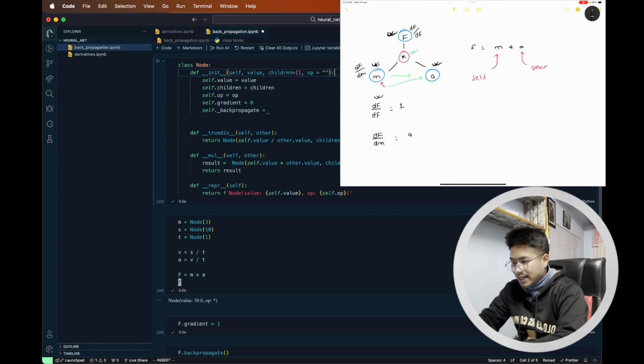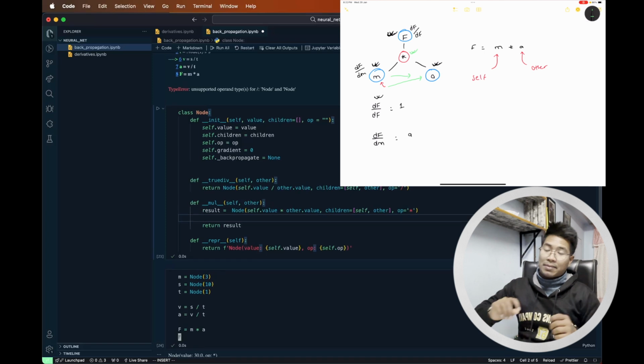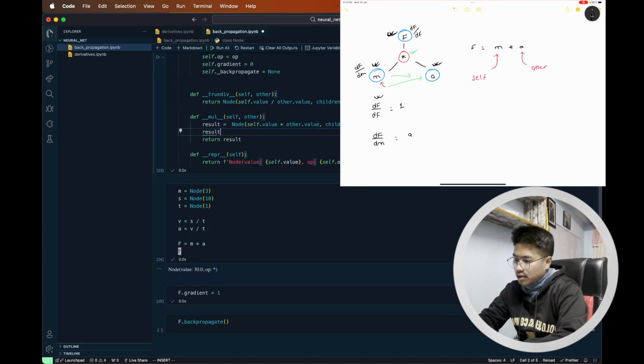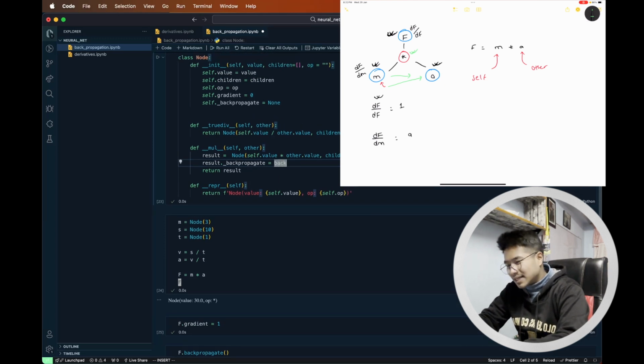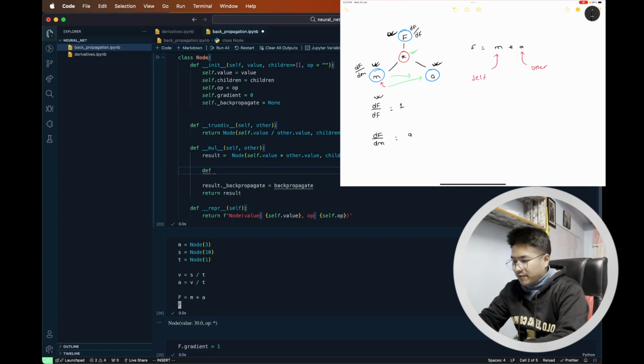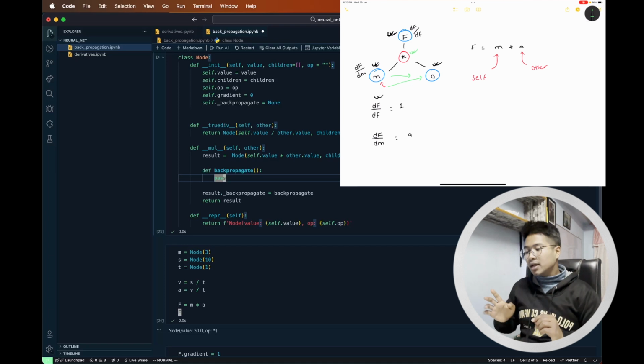Let's just make backpropagate as none, and then over here when I multiply, I set that backpropagation function. Result dot backpropagate is equal to a backpropagate function, and I'm going to define that function over here, propagate pass.